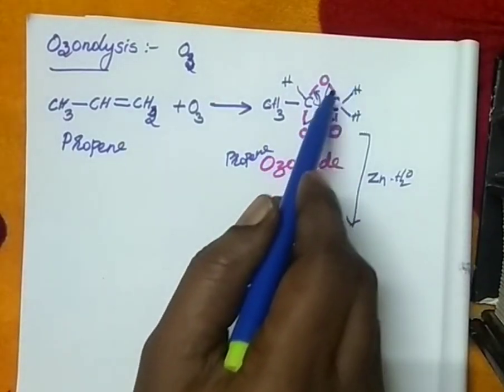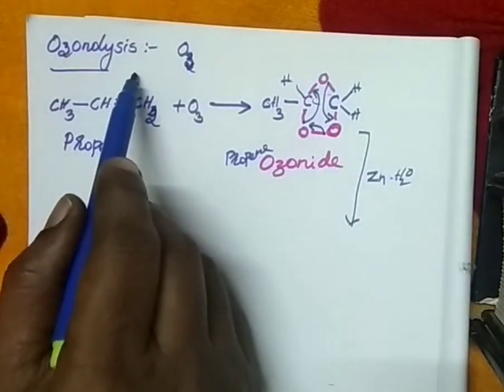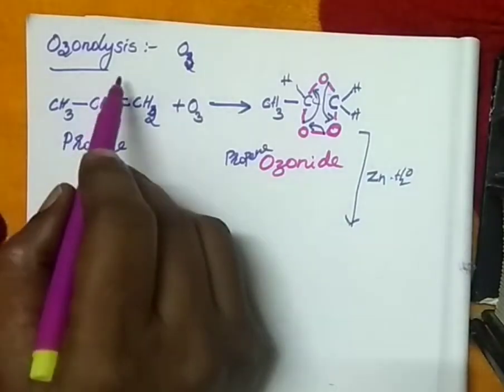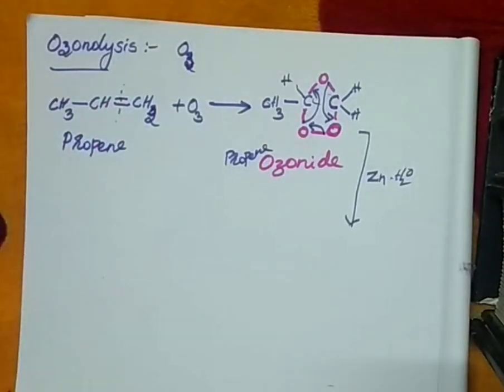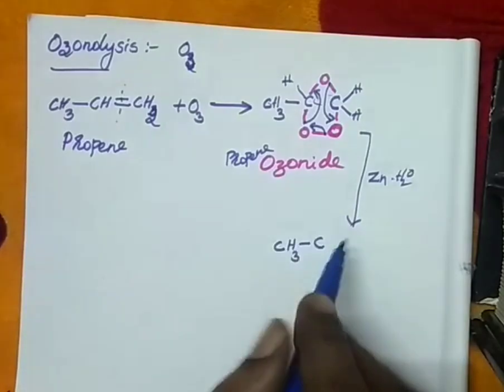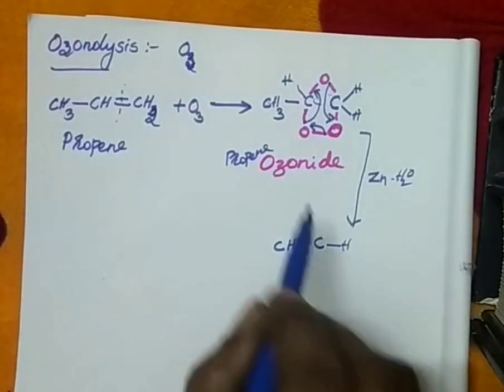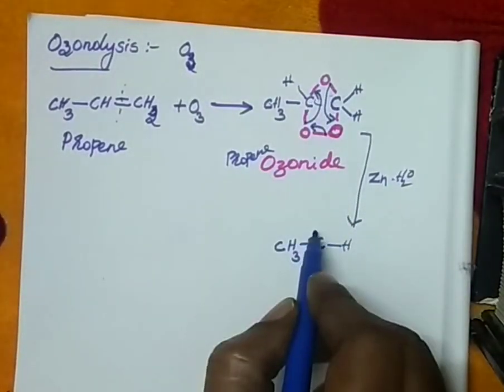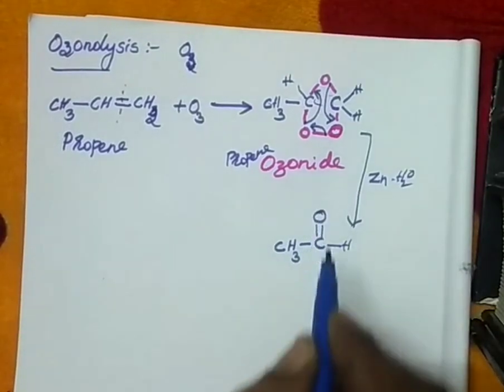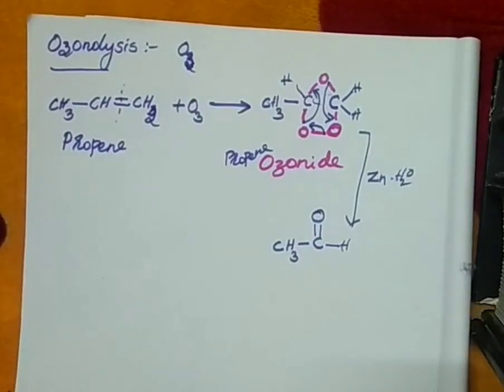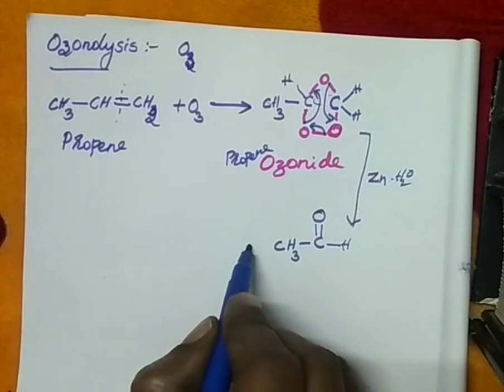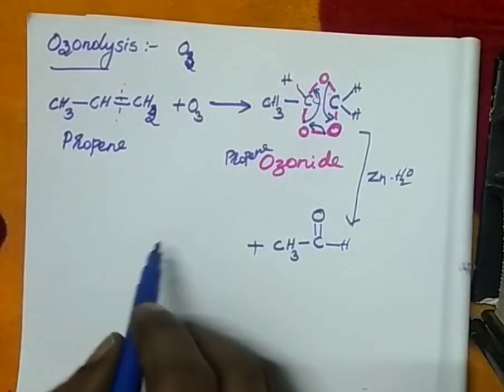It's a decomposition we call. Look at this. This is actually cleaving here. After adding ozone, it's cleaving here, right? Then one hydrogen as it is and a newly formed C double bond O. So like this you will get one product, and another product will be on this side.